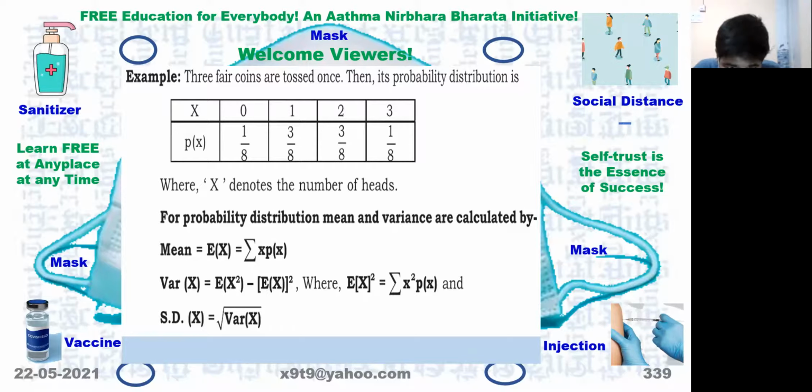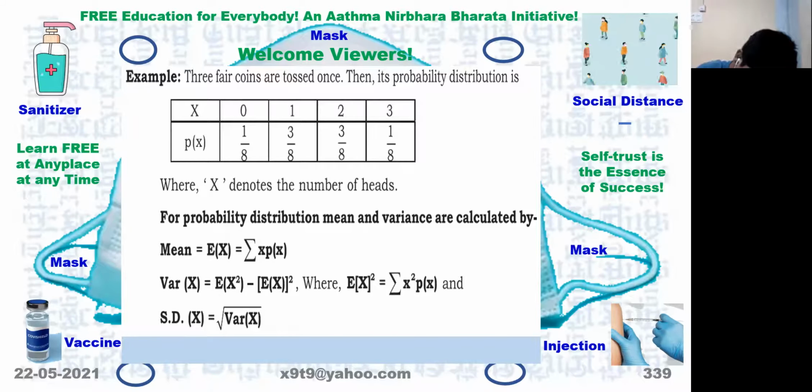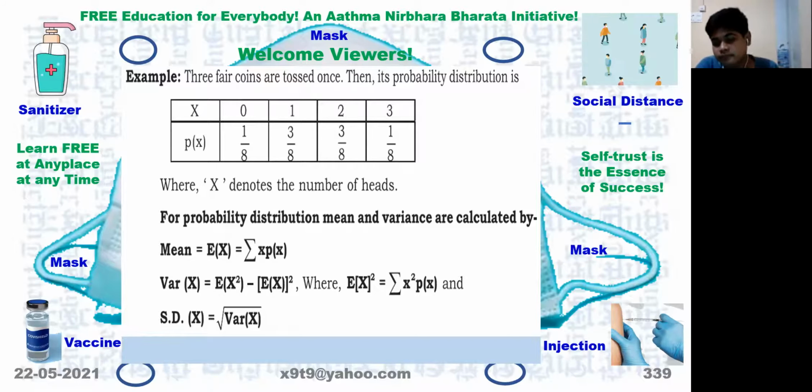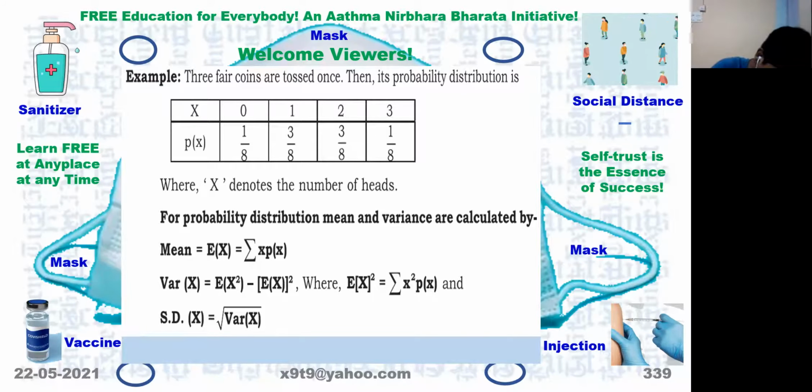Now in those combinations, how many places is there only one head? 3. So 3 out of 8 is the chance of getting 1. So the second value for PX will be 3 by 8.